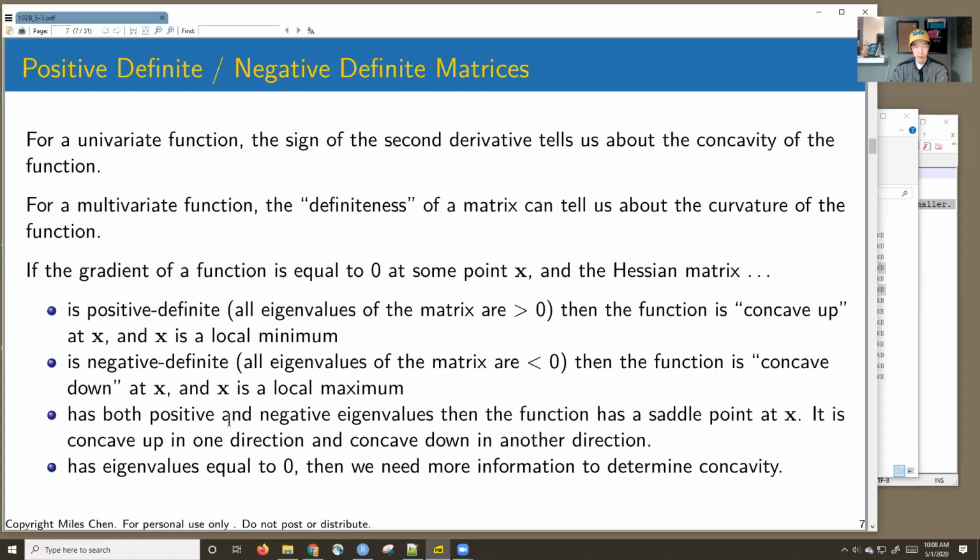If it has both positive and negative eigenvalues, so it's neither positive nor negative definite, then you'll have a saddle point. If it's positive semi-definite or negative semi-definite, meaning some eigenvalues are 0, then you need more information to decide if it's concave up or concave down.